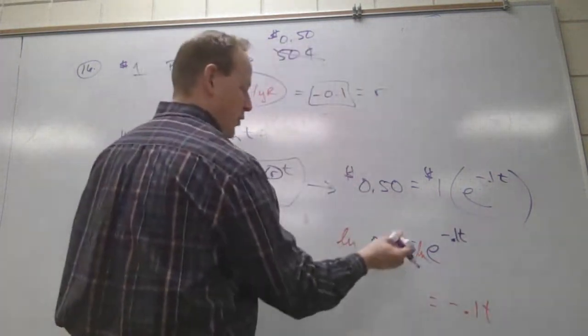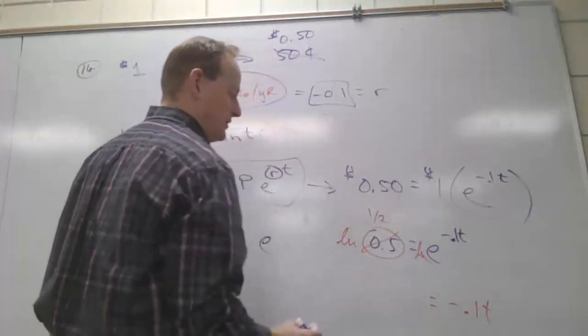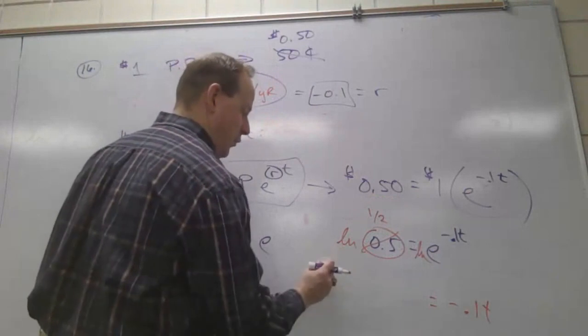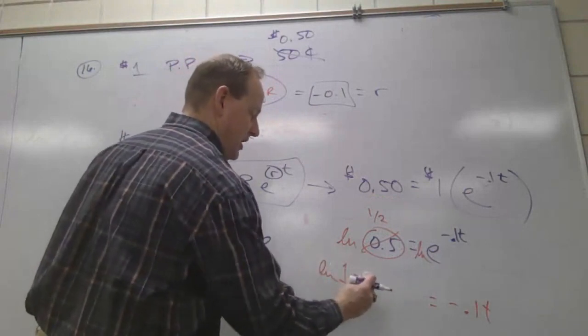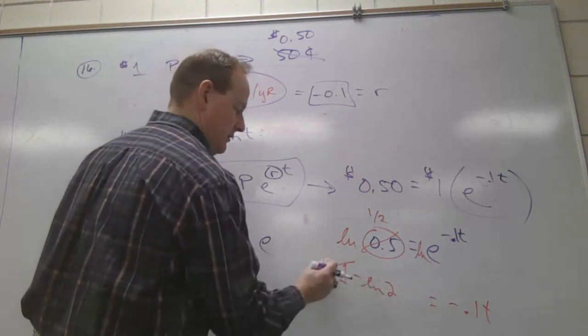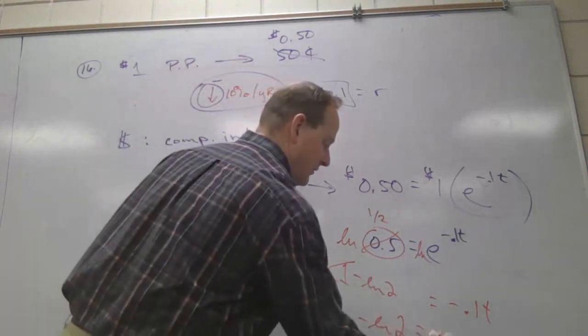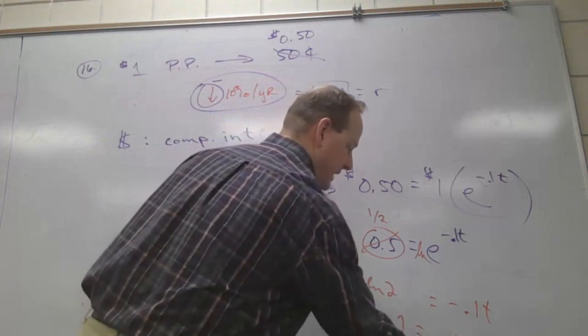On the left side, 0.5 is a half. I'm going to rewrite that as natural log of a half, which is natural log of 1 minus natural log of 2. What's the natural log of 1? 0, right? So minus natural log of 2 equals minus 0.1 times t.